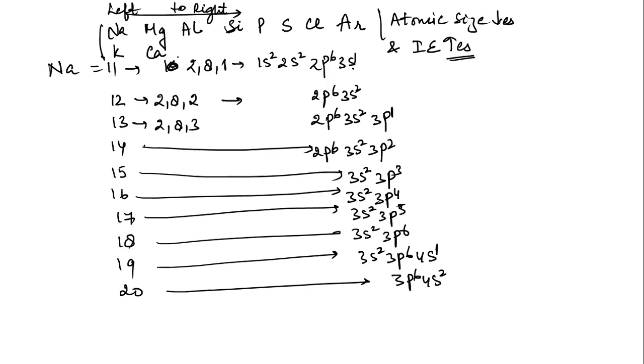Now in this case, electrons are removed from 3s1, so less ionization energy. So I'm again writing this graph of ionization energy against atomic number.